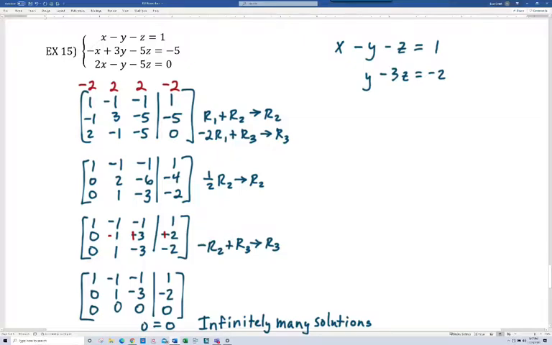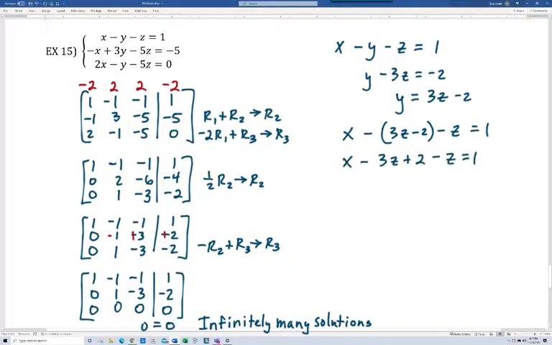And so let's go ahead and solve for y. We get y equals 3z minus 2. And so in the first equation, I'm going to replace y with 3z minus 2. And of course, z I don't have to change because z is the variable we're representing z with. So we're going to have x minus (3z minus 2), that's our y value, minus z equals 1. And so let's go ahead and distribute the negative here.